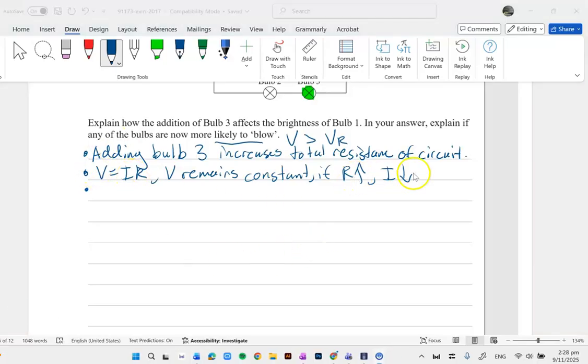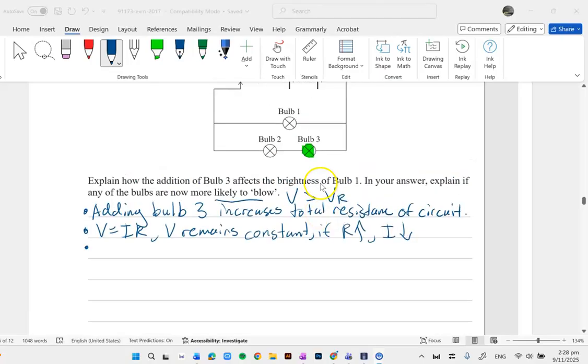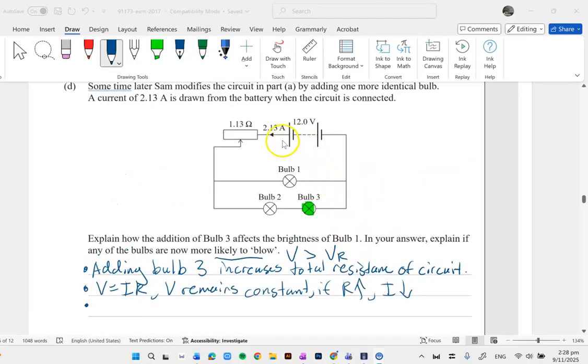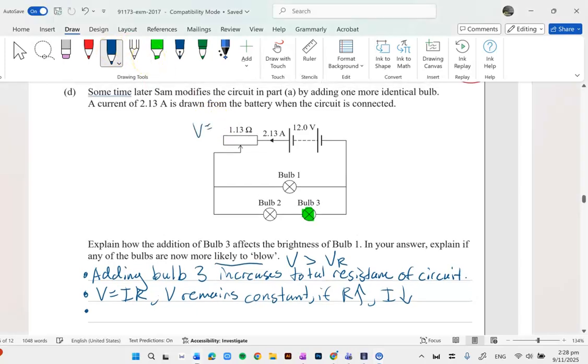Okay, now since the current has gone down, there's going to be less voltage across the rheostat, because V equals IR. If I goes down, that means V also goes down.